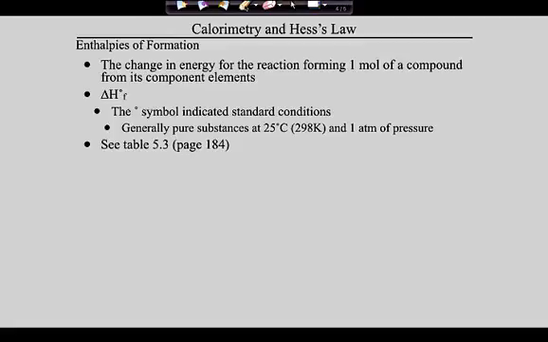Well, guys, it means this: if you take 2 moles of hydrogen and 1 mole of oxygen and you bond them together, no, that's not true. So we're going to make water, and water is made from hydrogen and oxygen.